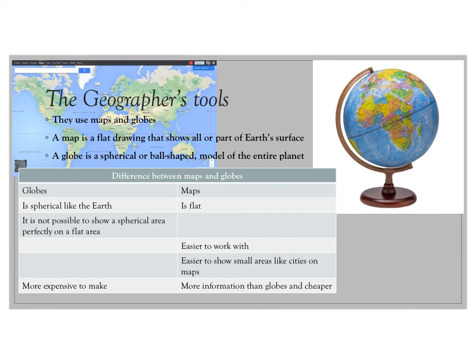It's easier also to show small areas like cities on the map, and more information than the globe can be shown on that map too, and more details actually. For the globe, it's spherical like the Earth. It's not possible to show some details on the globe the same as it is shown on the map. Not all the details that you can show on a map, you can show on the globe, and usually the globe is more expensive than the map.